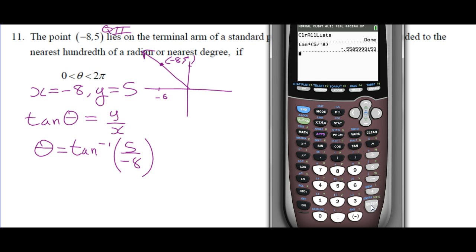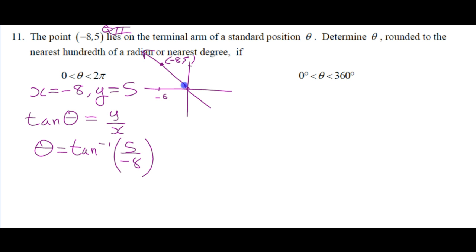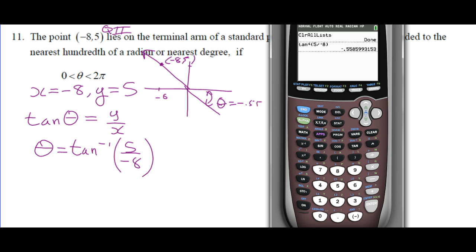And it gives me a negative angle. But wait a sec. We are told that theta must be between 0 and 2 pi. So what's going on? Why is it giving me a negative angle? It's basically saying, here's your angle here, right? Theta is negative 0.55.